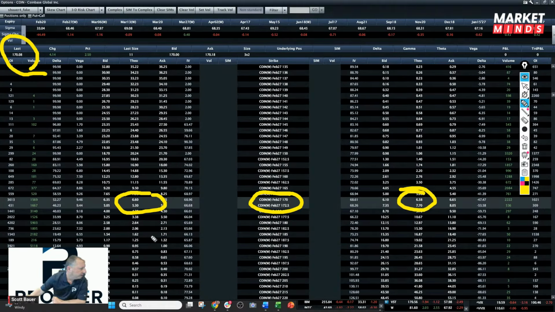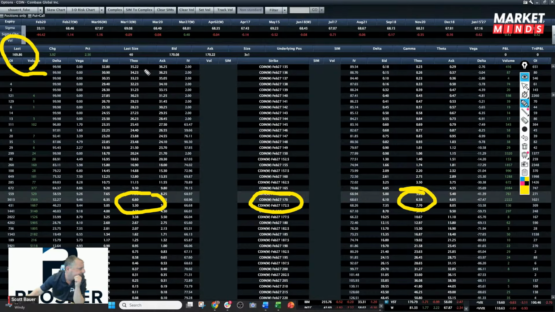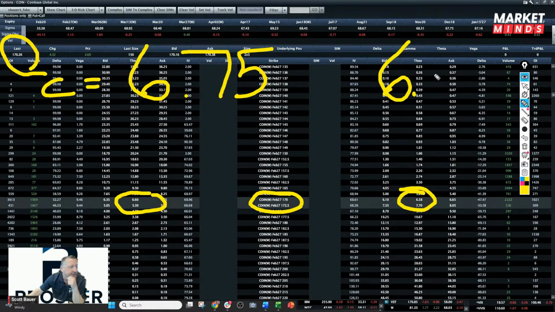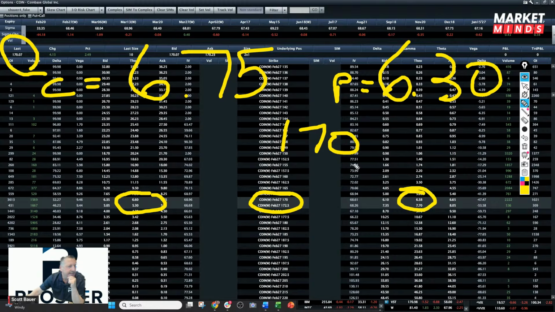Now, I'm going to fudge the numbers here a little bit. Let's say the call is 6.75 and the put is 6.30 with the stock at 170.